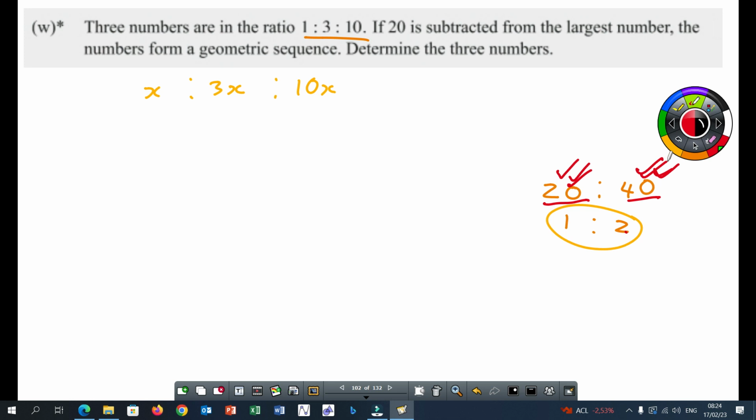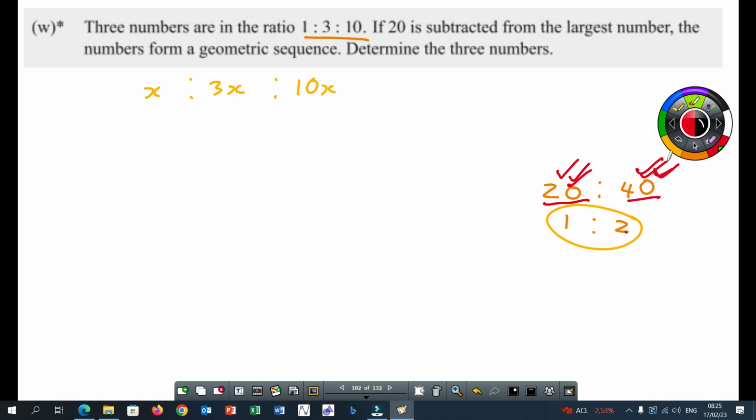Why can't you divide by 10? Why can't you divide by 5? Why can't you divide by 2? No. Because 20 is the highest common factor of 20 and 40.